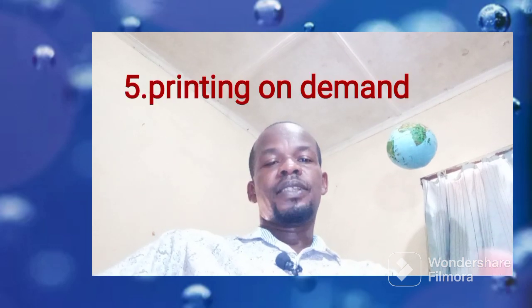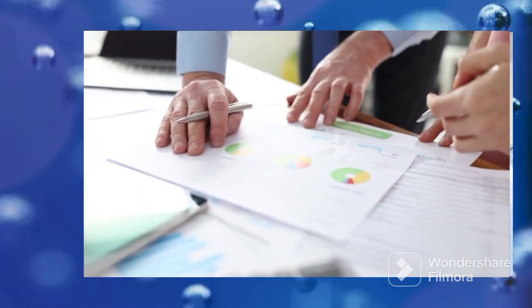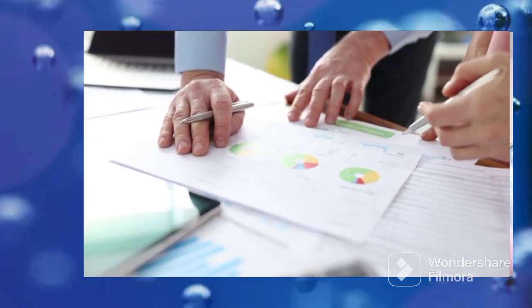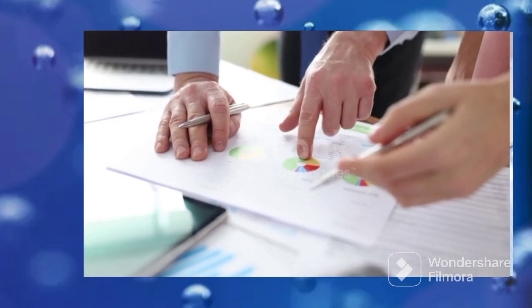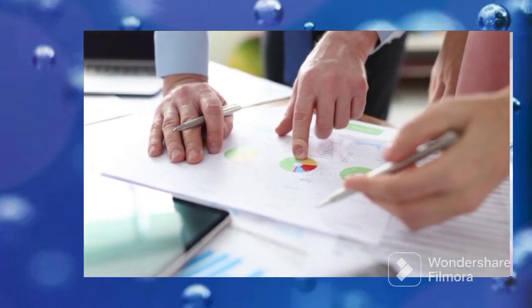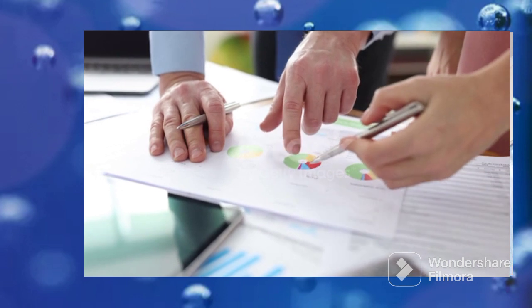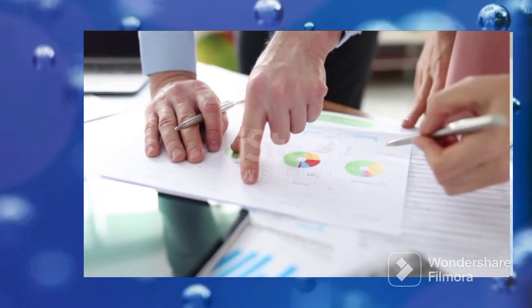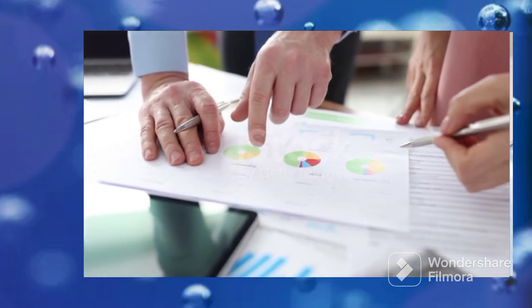And the fifth one that I want to talk about lastly is printing on demand. You can print different designs on t-shirts, and you can have different logos. You can print these and make them in a very designed way. This can also be put on Amazon, and once someone loves the design, it can be printed.